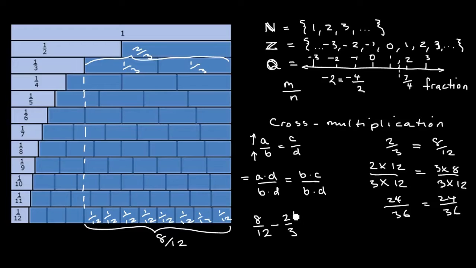We can simply increase this one so that we can express that as 8/12 subtract, well, if we multiply by 4, we've got 2 times 4, and then 3 times 4, we end up with 8/12 subtract 8/12 equals 0.